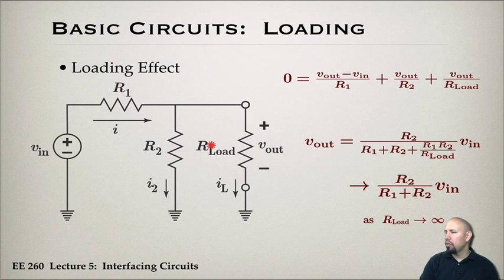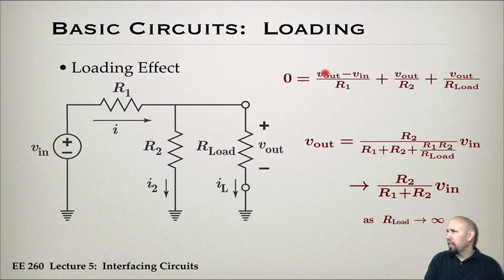This corresponds to some other circuit we may hook up to our circuit here. It has some load resistance associated with it and some voltage out. So how do we analyze this particular circuit? It's more complicated. If we use Kirchhoff's current law at this upper node here, we find what is called the node voltage equation.